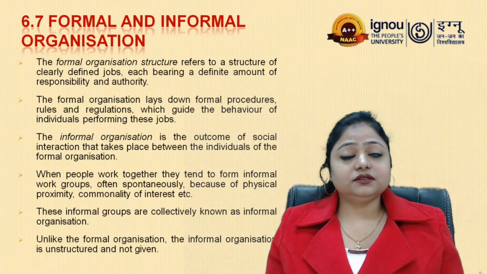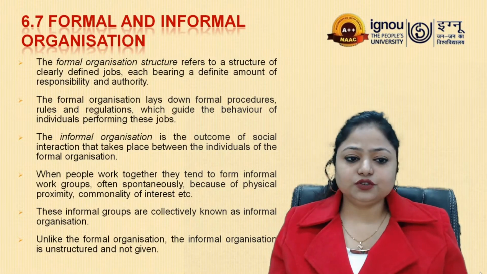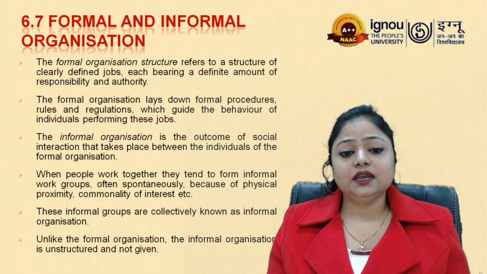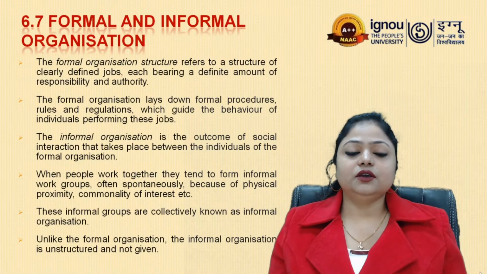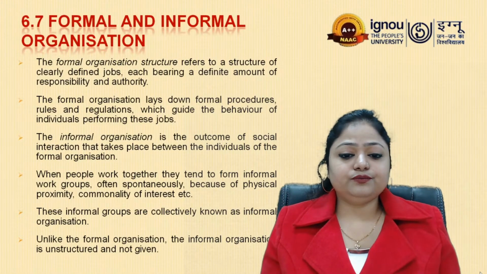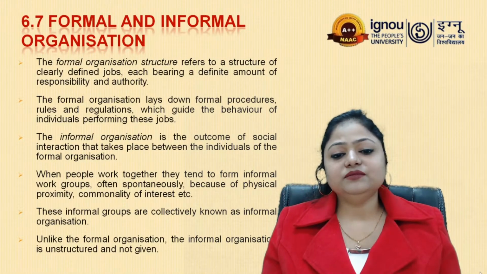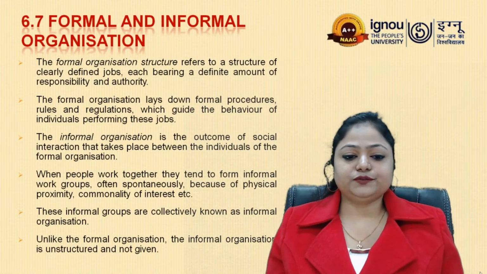Now, what is informal organization? It is the outcome of social interaction and interdependence that takes place between the individuals of a formal organizational structure. When people come together and work together, they tend to confide among themselves and tend to form informal connections and work groups.